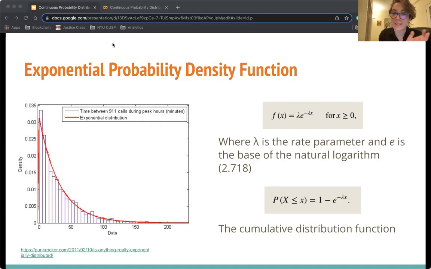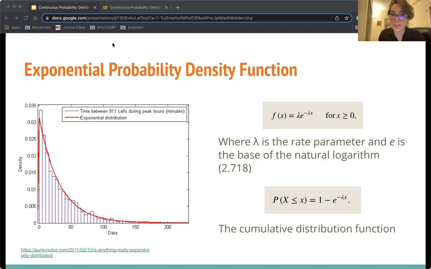So we take this rate, multiply it by Euler's number, raise that to the negative rate times x. And the mean and the standard deviation of x are equal, and both are 1 over lambda.